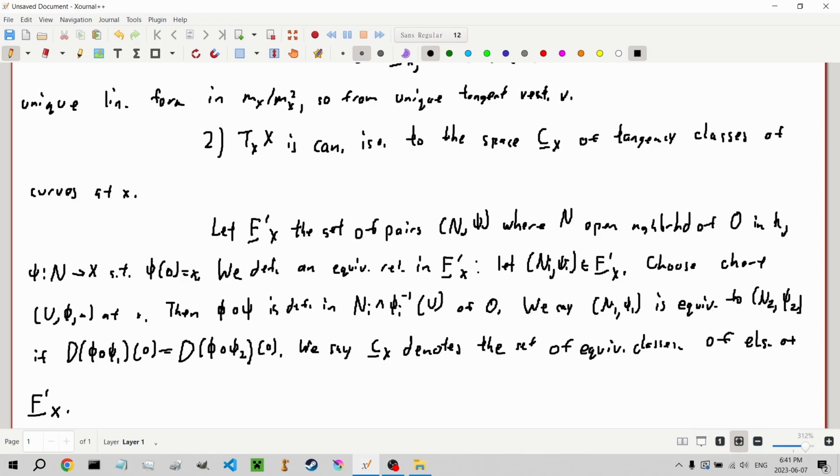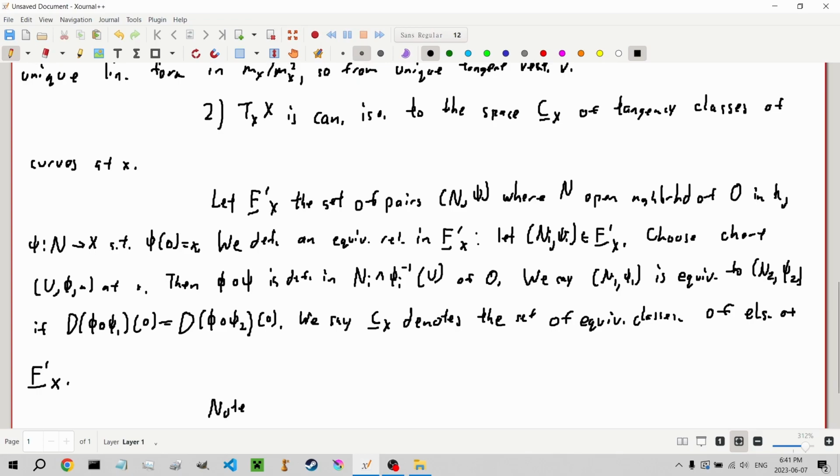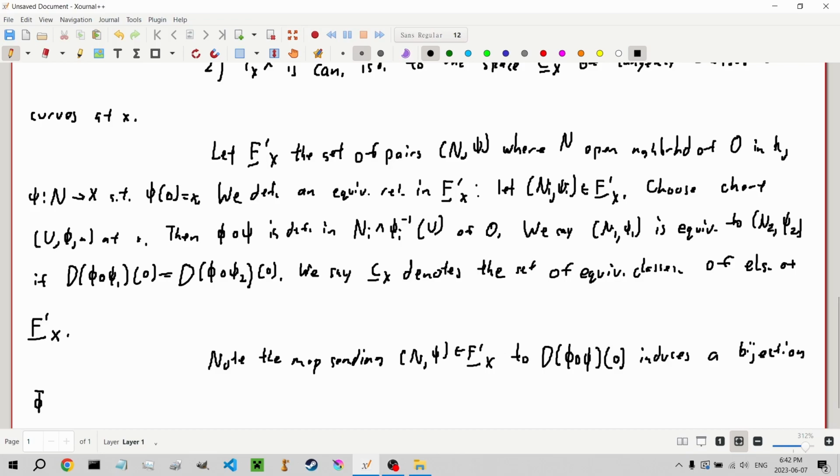So note the map which sends, say, n, c in F prime of x to the derivative of phi of c at 0 induces a bijection phi bar from C of x to the linear maps from k to k^n, which is isomorphic to just k^n.